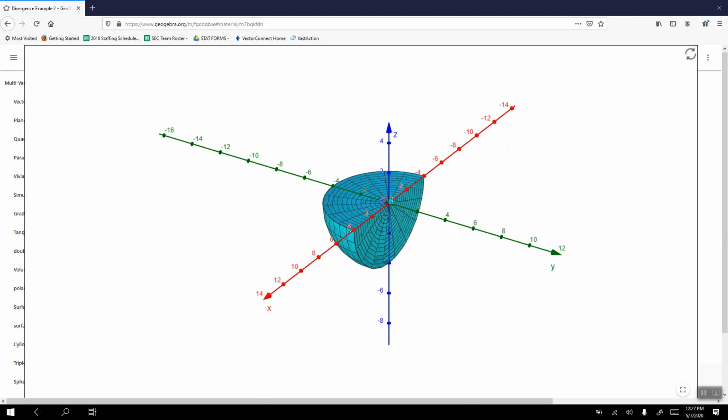Phi measurements. The phi angle measurements go from the positive z-axis down to the negative z-axis. So starting up here, they go from 0 and start traversing, making that spherical shape, all the way down to pi.